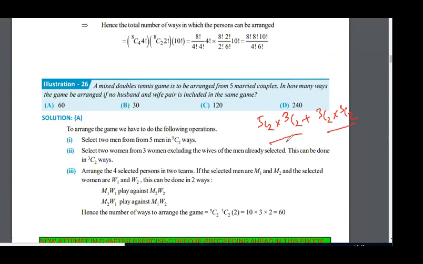If I'm selecting women first, then I'm selecting men. So it is this, and this is if I'm selecting men first, then selecting women. Then this. So if you add, you will get this. Agree, everyone? Tell me, agree? Yes or no? Understood this? Think about it. If you don't get it, please ask. You just have to think. See, in this chapter, you just have to think. That's the beauty of this chapter.